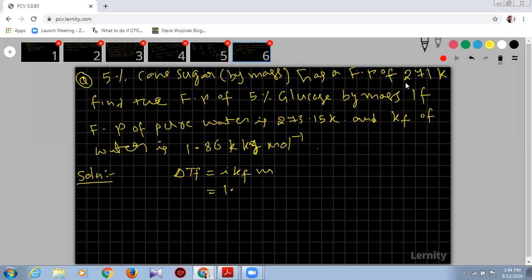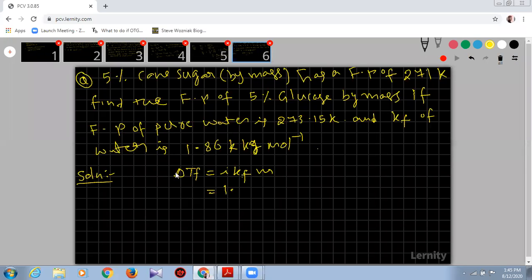So delta Tf means depression in freezing point. It will decrease. Initially, whatever the freezing point is, it will come down. What is the difference?